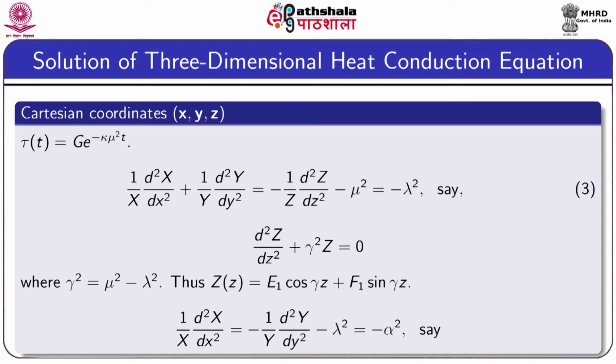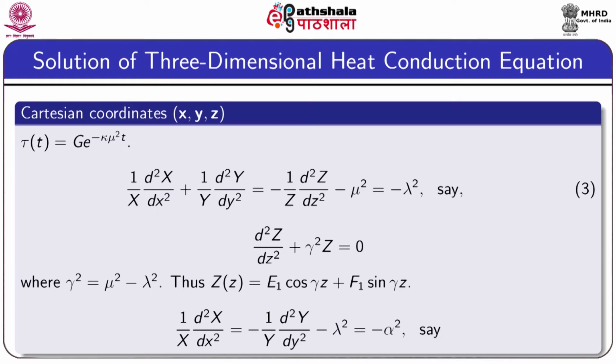So, the Z equation becomes d2Z/dz square plus gamma square Z equals 0, where gamma square is mu square minus lambda square. And the Z equation can be solved easily, which gives the solution capital Z equals E1 cos gamma z plus F1 sin gamma z.